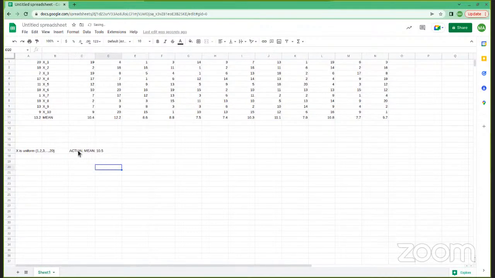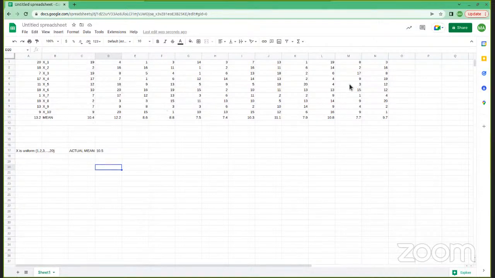Even if you see this, we have generated 13 samples, 13 different sets of 10 samples. So we say 13 samplings. Let us use the convention that the professor has used: let us call each of them a sampling.